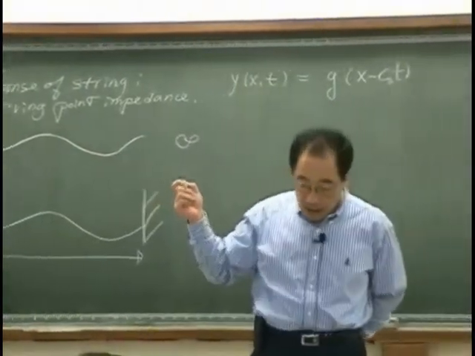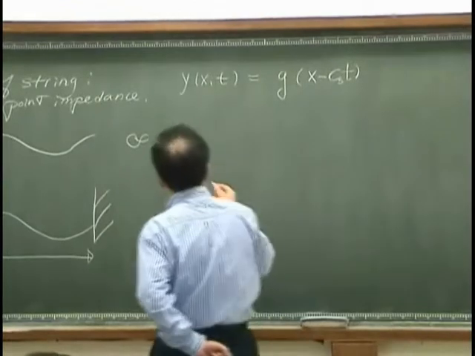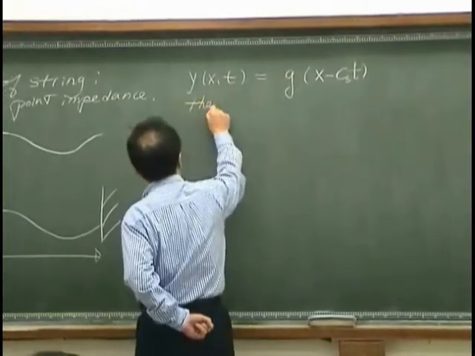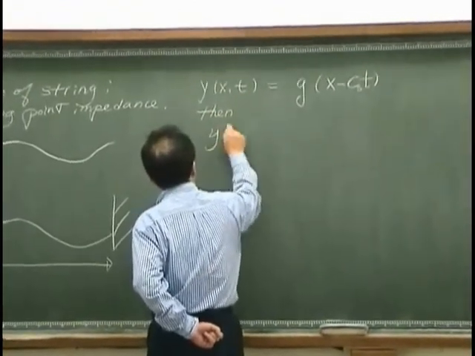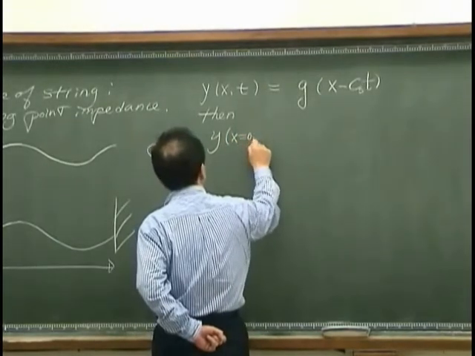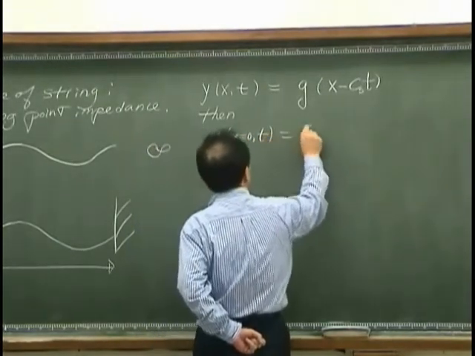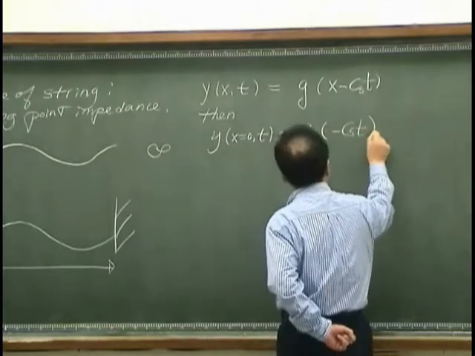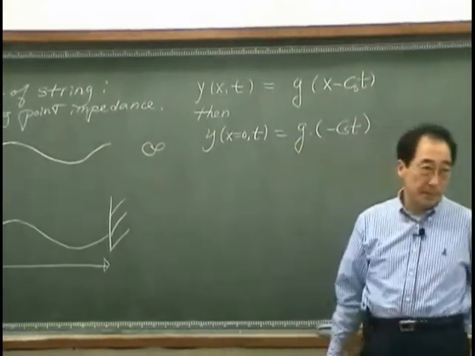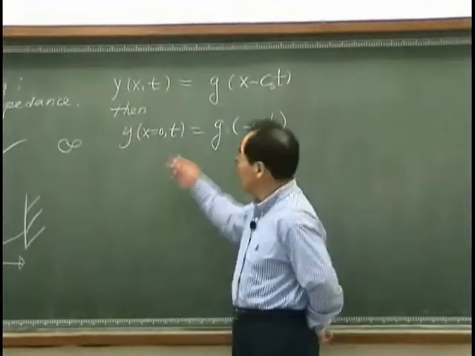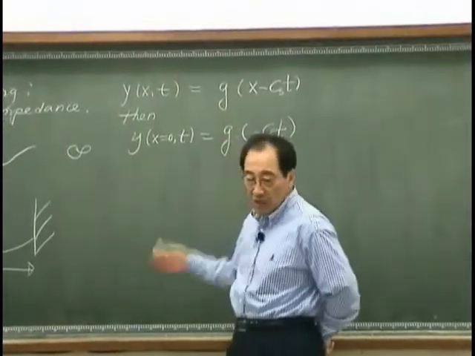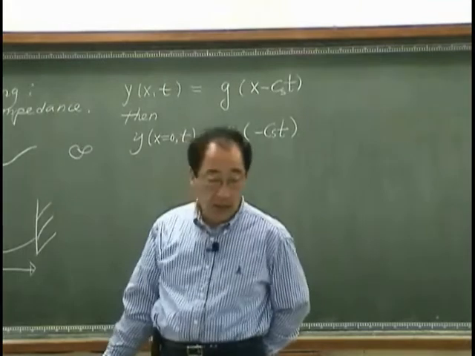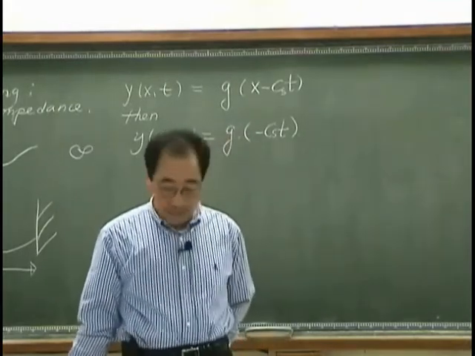Okay. And then the displacement at x equals 0, at time t, is g of minus c_s t. Just a consequence of this functional relation with x.